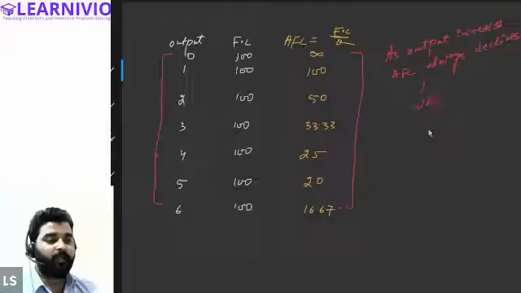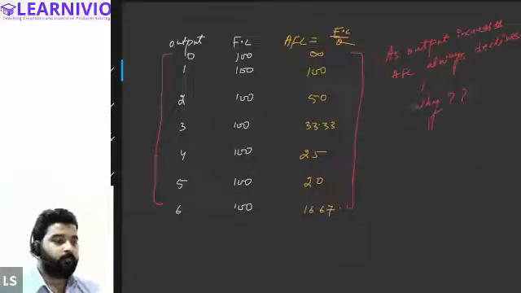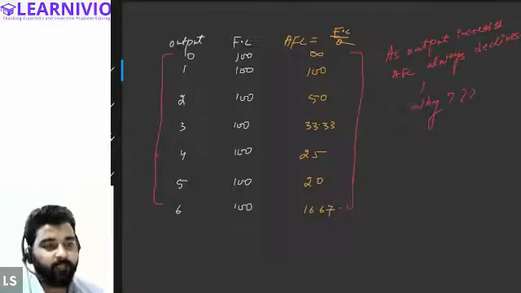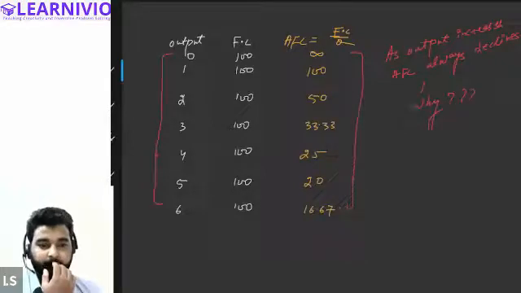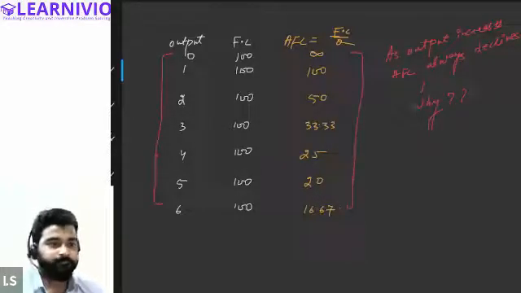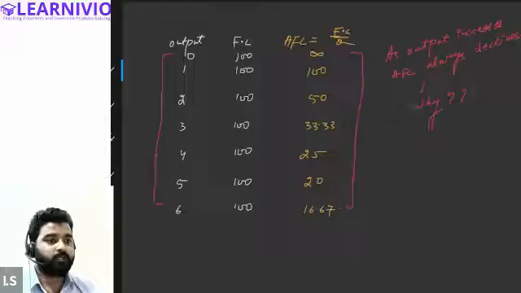Yes, sir. Okay. Now the question arises, why does it happen? Anyone except Samiksha can answer this? Arisha, can you answer this? Why does average fixed cost decline with the increase in the level of output? Arisha or Ikra or Sakshi? Anyone? Can anyone explain this? Sakshi, can you explain this?